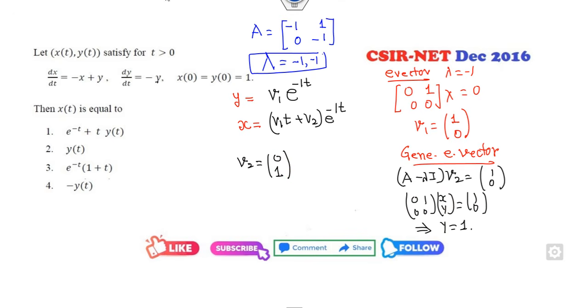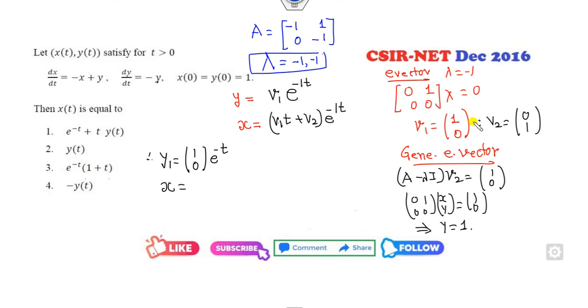So therefore, I can substitute both values here. So V1 is 1 comma 0, and V2 will be 0 comma 1.